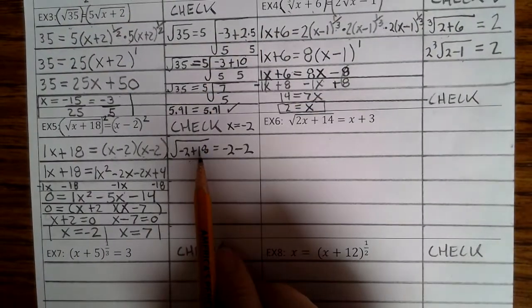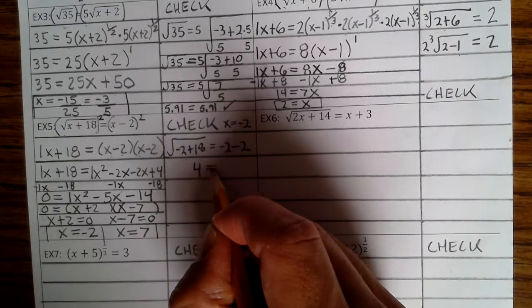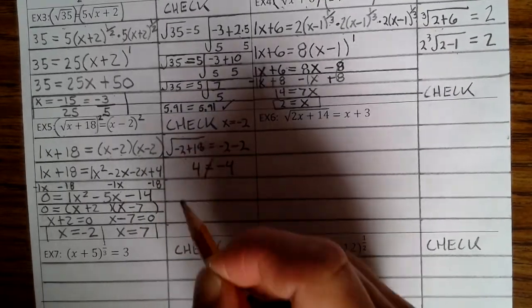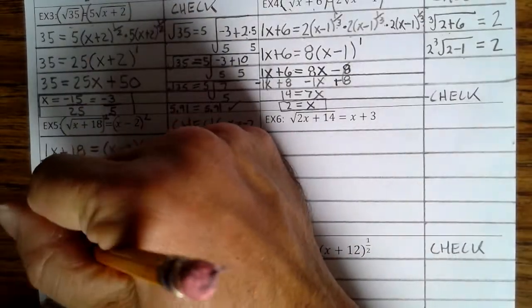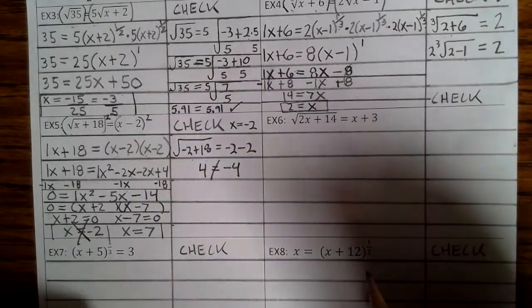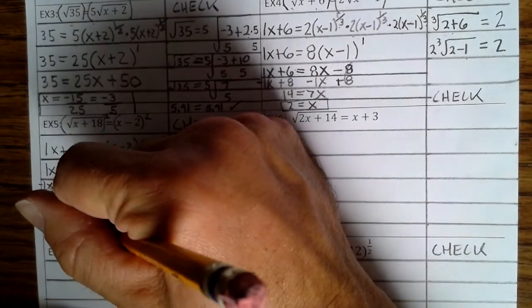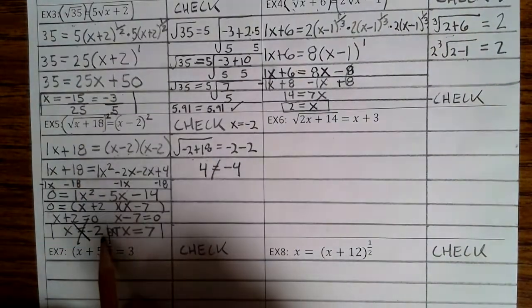Well, negative 2 plus 18 is 16. Square root of 16 is 4. Does not equal negative 4. That means that this is not a solution, or what we call an extraneous solution, or abbreviate EXT. It's an extraneous solution.